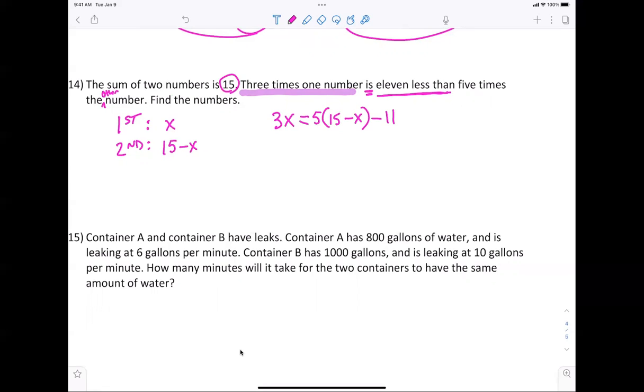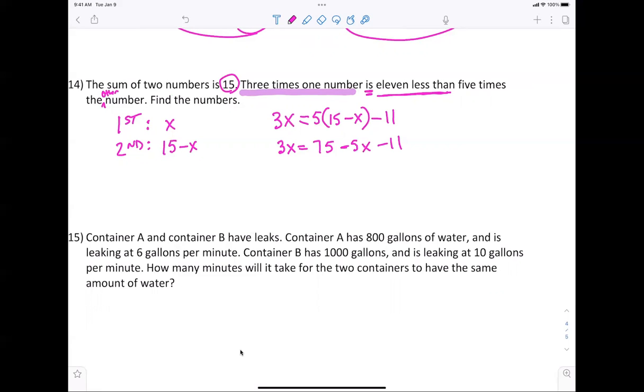All right, now let's go ahead and solve this out real quick. Practice your solving. I don't understand why you just said the 3x. 3 times one number, Oliver. Oh, okay, I see, thank you.